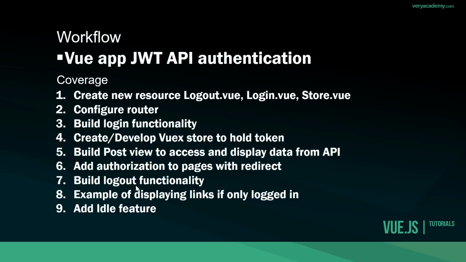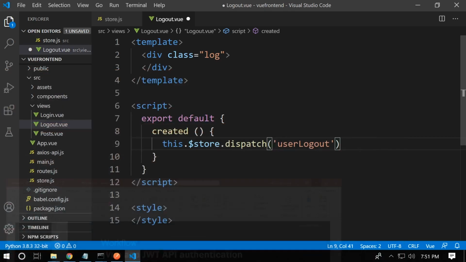Okay, so that brings us on to an example of adding a logout page or logout functionality. So let's go ahead and build the logout functionality. If you head into the logout view, you can see here that we're not actually going to view this page on screen.